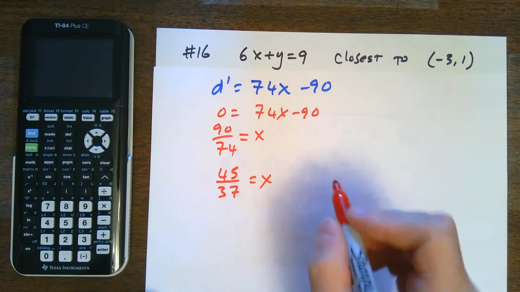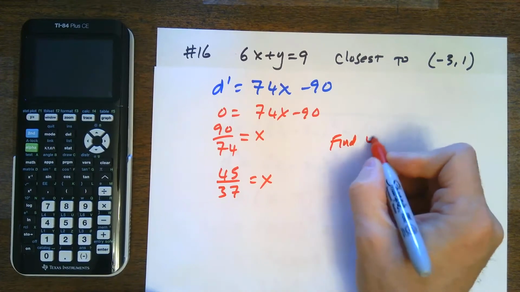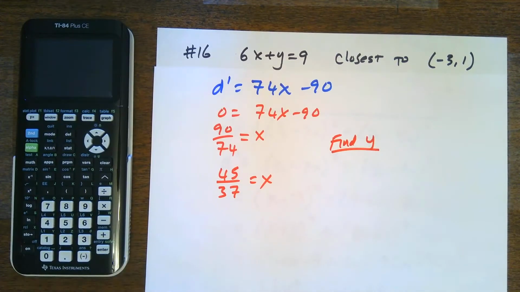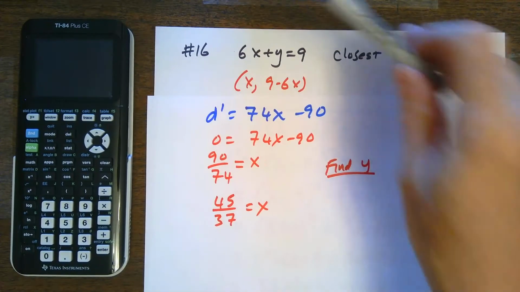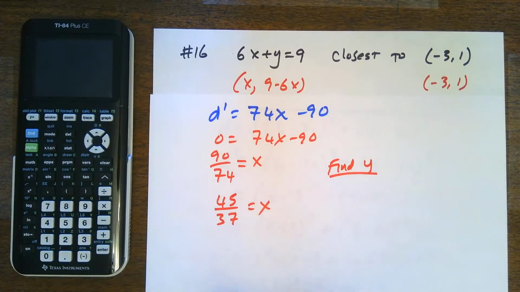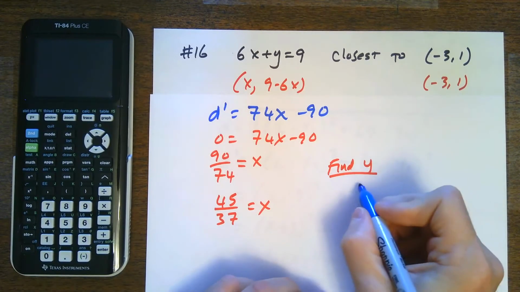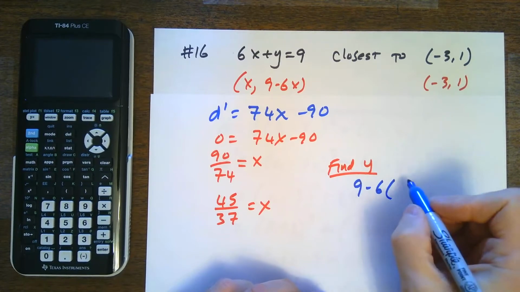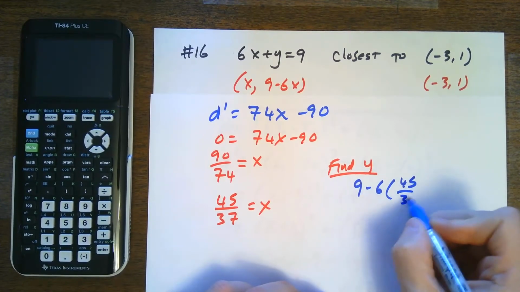What's the corresponding y value? All right, so let's see. We need to find the y value. How am I going to find the y value? Well, as you can imagine, I'm just going to plug it in here. To find the y value, it's going to be 9 minus 6 times 45 over 37.